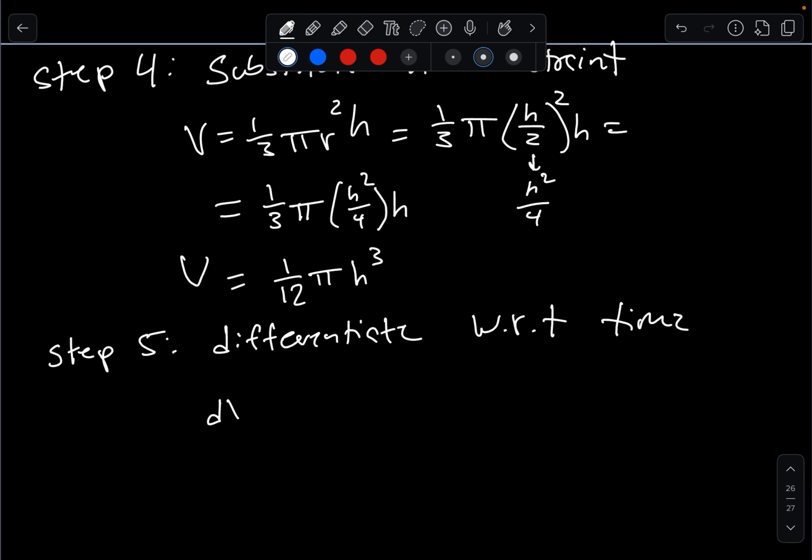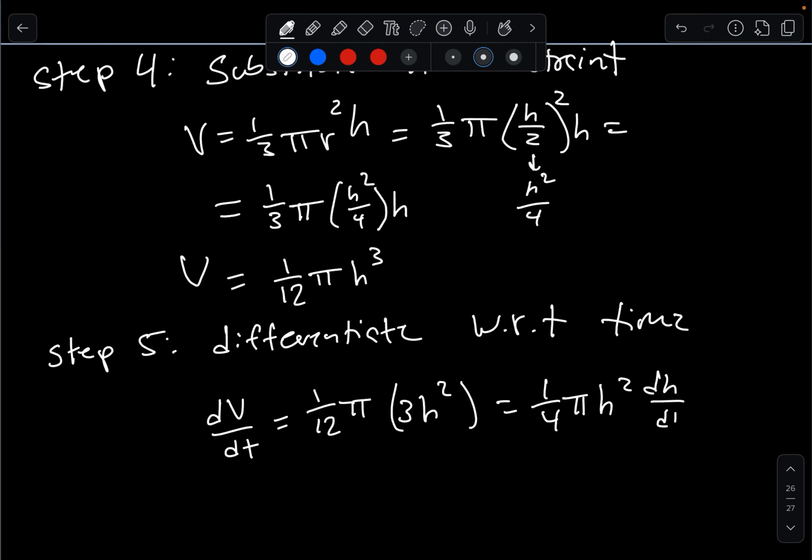We get dV/dt is equal to 1/12 pi times 3h squared. So this is equal to 1/4 pi h squared dh/dt.